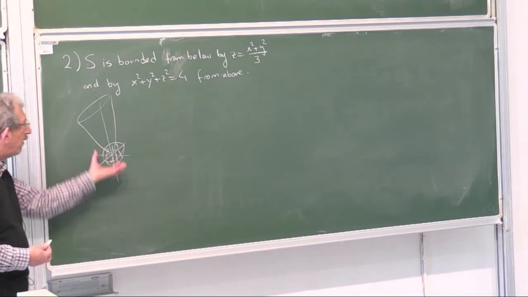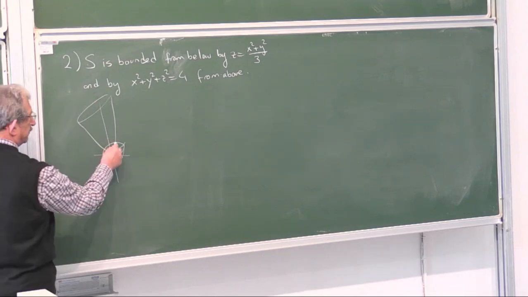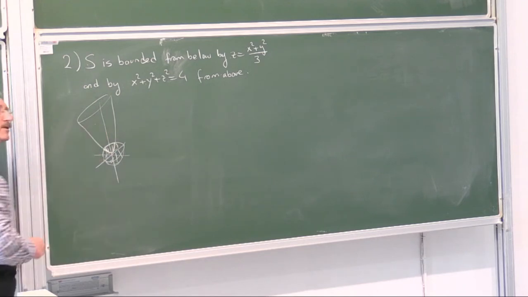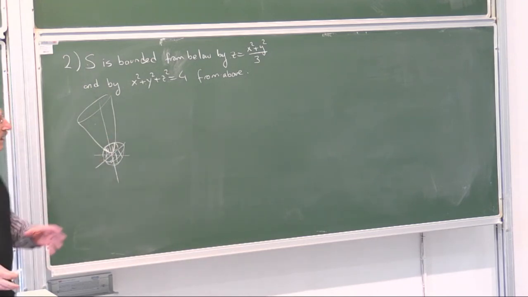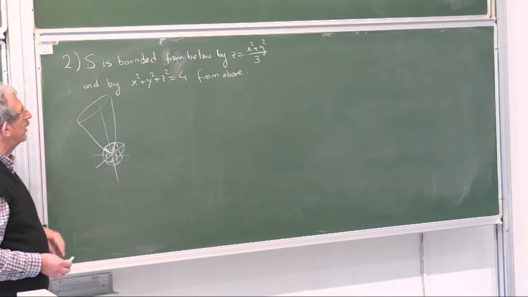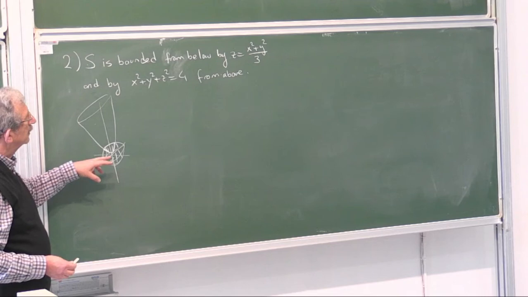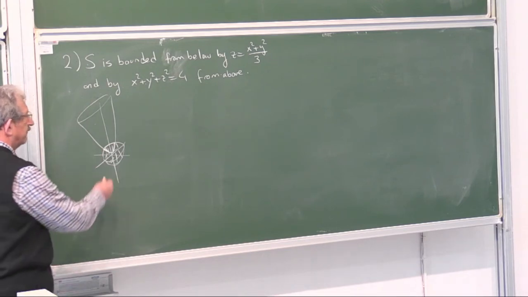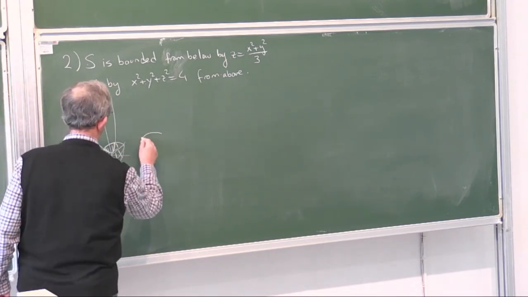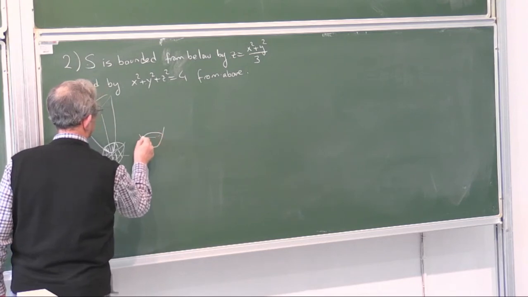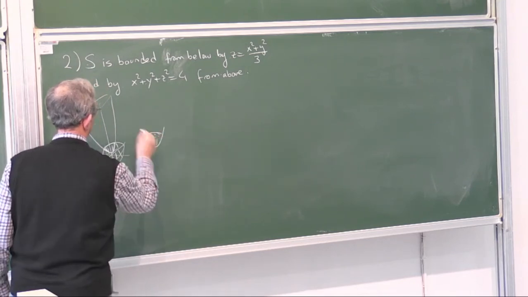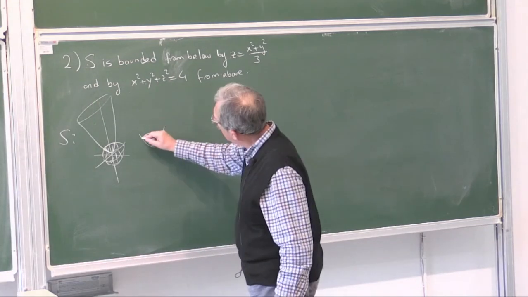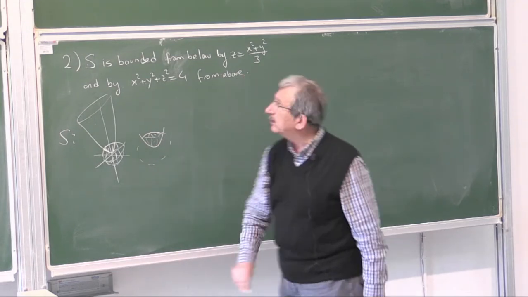The one above the paraboloid, that is this little piece here, and the rest. They are both bounded by both surfaces, so it must be clear which one is meant. Now, from below by the paraboloid, okay? So the paraboloid is the lower one, and the sphere is the upper one. This, of course, says that we have then the following case. So this is this. Okay. Below we have the paraboloid. Above we have the sphere as wanted.